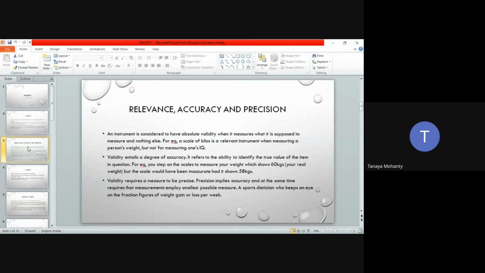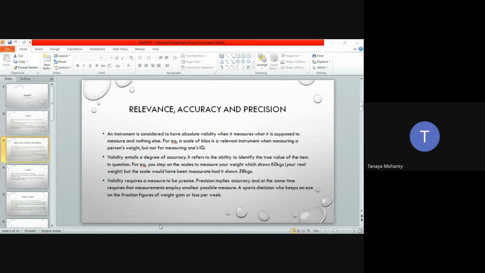So that means my instrument doesn't have accuracy. When we talk about validity, we have to make sure that all these points are important: relevance, accuracy, and precision. Relevance is picking up the right instrument for the right kind of research problem. Accuracy is trying to get the correct readings for the problems that you have identified.